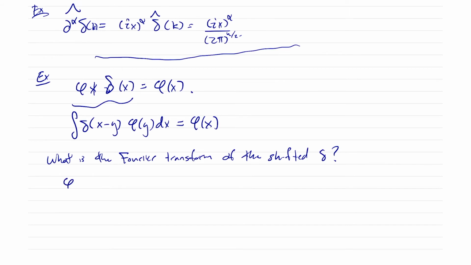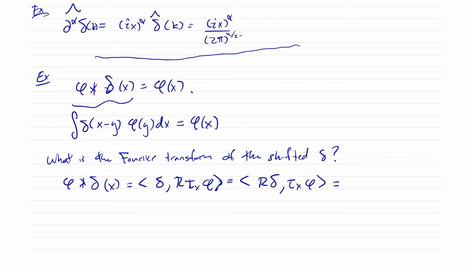If we want to formally figure out what this is going to be, we say that the convolution of the delta function and phi is equal to the delta function on R tau_x of phi. Then we can move the reflection over, so we get R on delta, and then we get tau_x on phi, and then we can move tau_x over onto delta, and so we get tau_minus x R delta on phi, right?